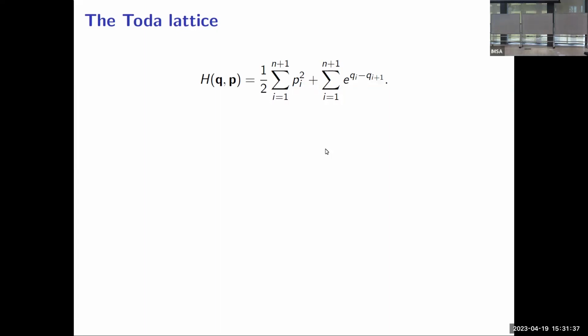And the physical problem that it models is, think about a ring and n+1 particles traveling on the ring where they interact exponentially. So as they get closer, you have this potential that's getting bigger exponentially. So they will reflect. Okay, so this is the Hamiltonian system that H is describing.